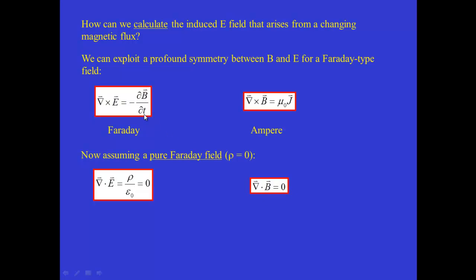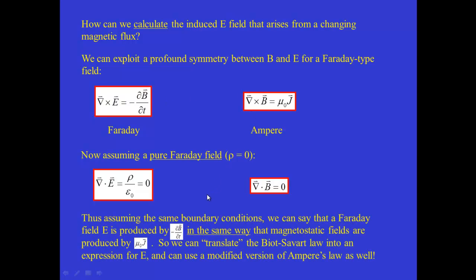So now compare the two equations on the left with the two equations on the right. On the left, del cross E is equal to a vector function, and del dot E is equal to 0. On the right-hand side, del cross B is a vector function, and del dot B is equal to 0. So what we see is that E and B satisfy very similar kinds of equations.